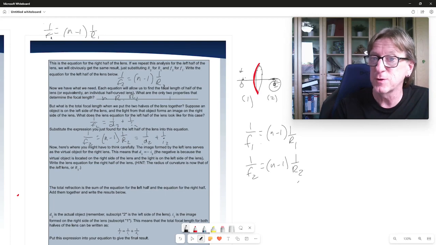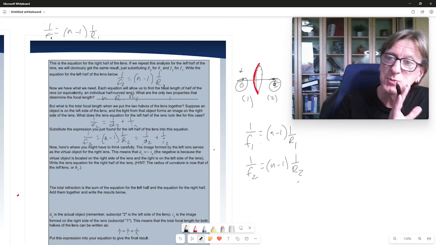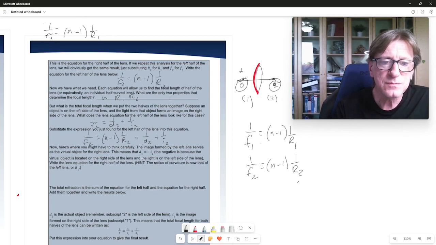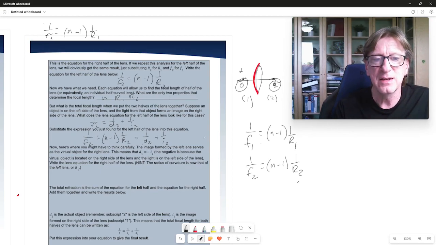But in this case, it's going to be a virtual image because my virtual image is on the same side as my actual object. Remember that was our rule: if the image produced is on the same side as the real object, then we say that it's a virtual image. So this tells us that D1 must equal negative I2.